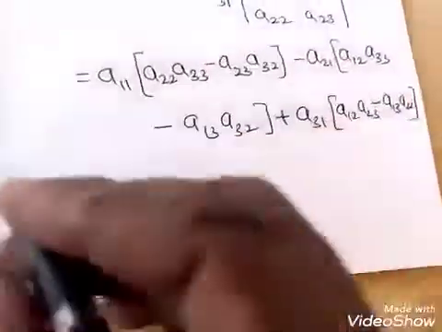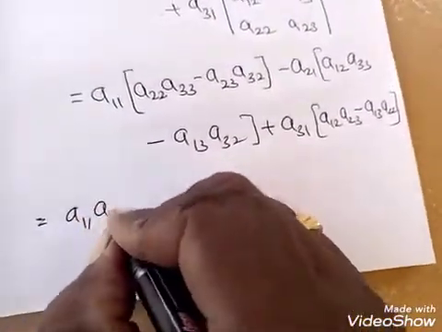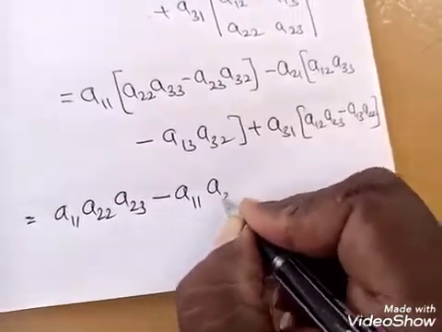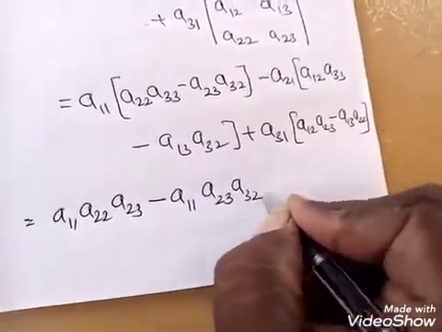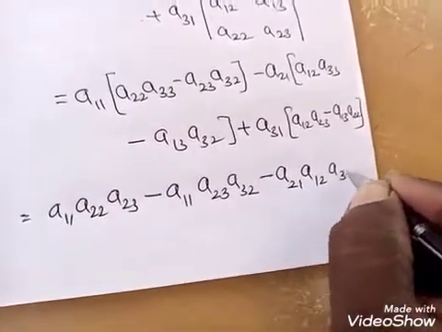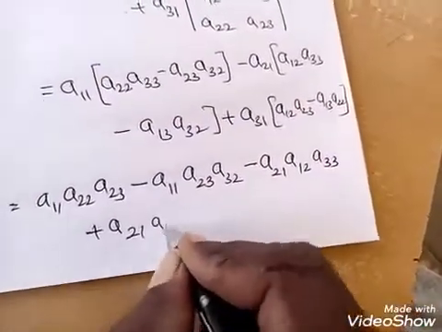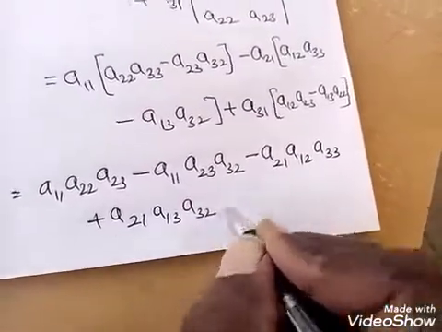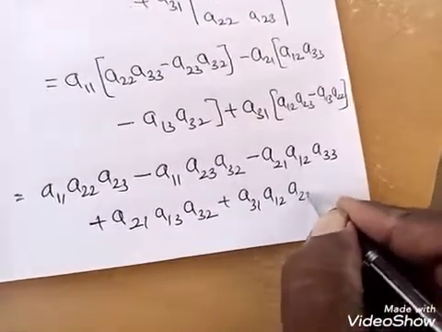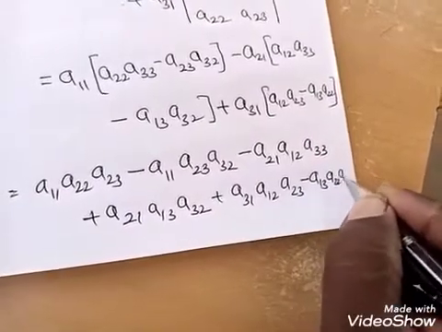Further you have to expand this one. If you expand this one, what you are going to get? Observe there again: A11, A22, A33 minus A11, A23, A32 minus A21, A12, A33, minus into minus plus A21, A13, A32, and plus A31, A12, A23 minus A13, A22, A31.